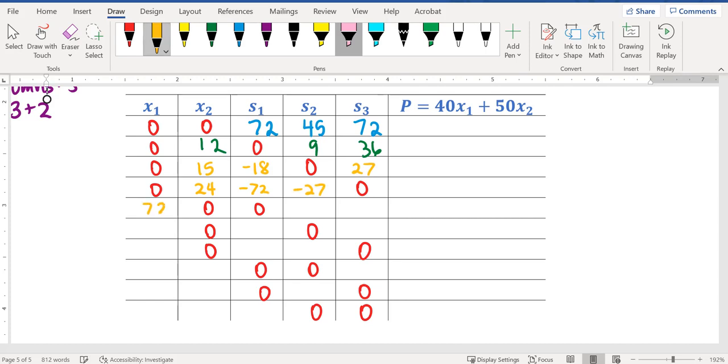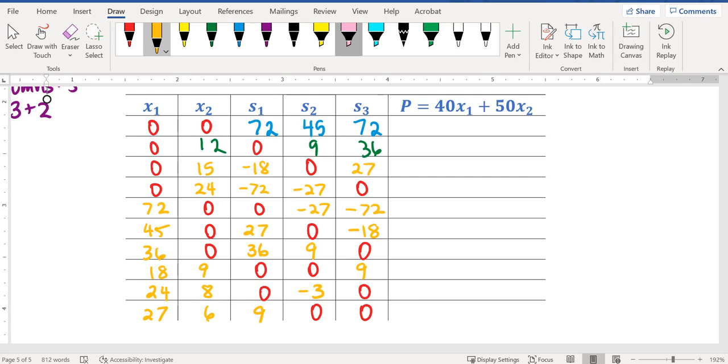Then 72, negative 27, negative 72. 45, 27, negative 18. 36, 36, 9. 18, 9, 9. 24, 8, negative 3. 27, 6, 9.